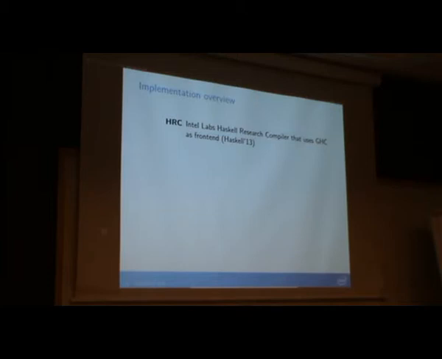This work was presented last year at the Haskell Symposium. And we also make use of another compiler called Concord, which is by another group in our labs. This Concord is actually open source. It compiles from C++ programs to OpenCL and makes use of shared virtual memory support.